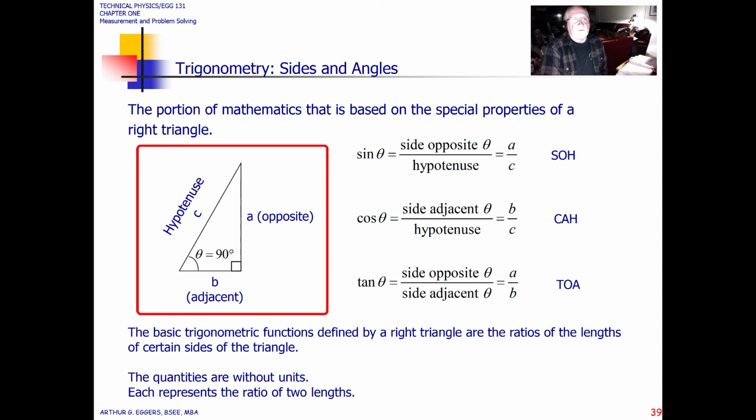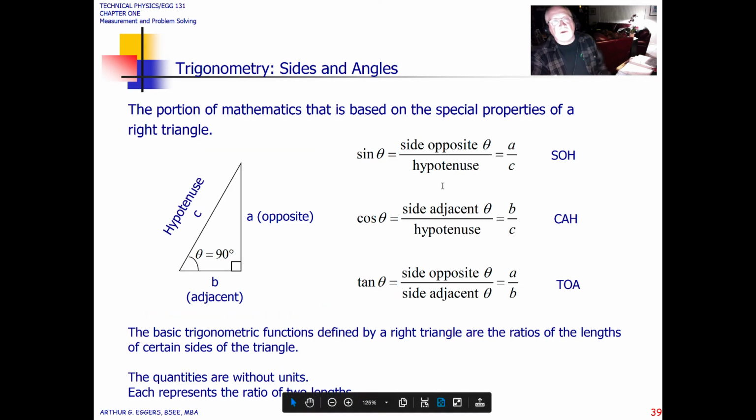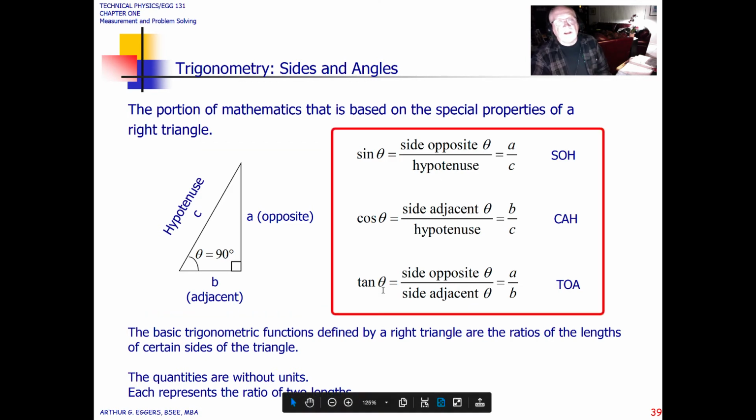An easy way to remember the relationships between sine, cosine, and tangent is the use of the sides of the angles. The sine of the angle theta is the side opposite over the hypotenuse, so a over c, and it can be abbreviated SOH, or sine opposite hypotenuse.